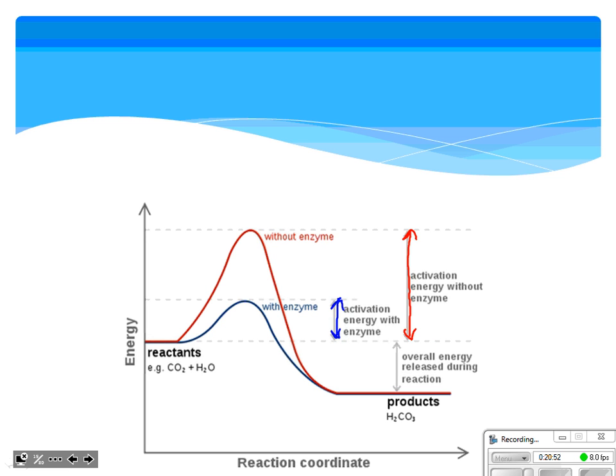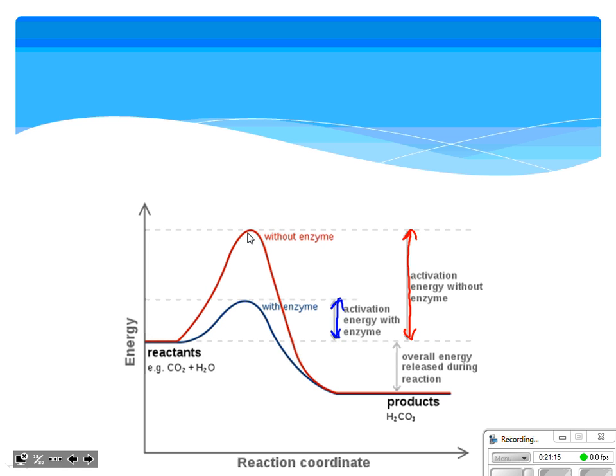Now I can definitely see that going over the blue hill is not taking as much energy as going over the red hill. Here's the activation energy peak of my blue hill. Here's the activation energy peak of my red hill.